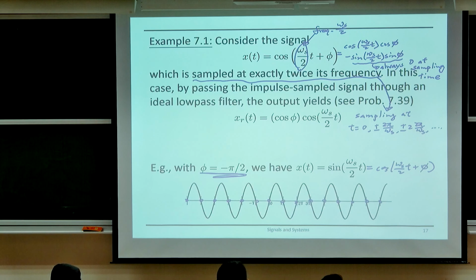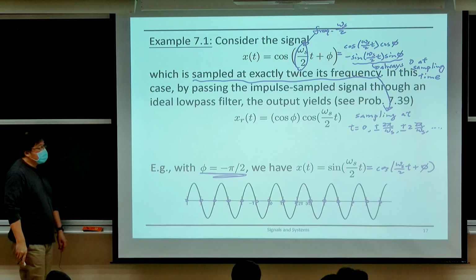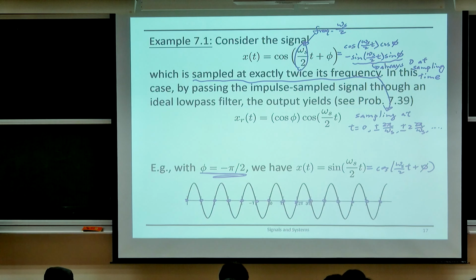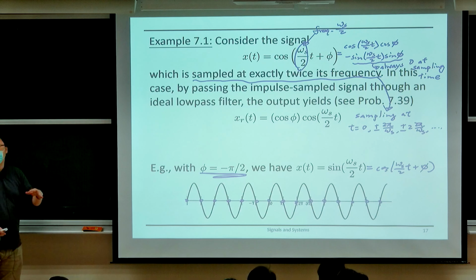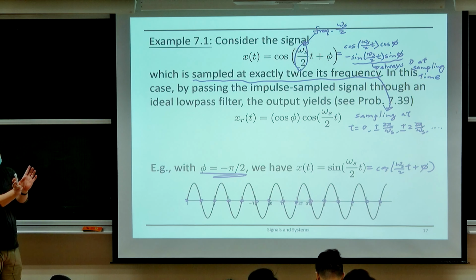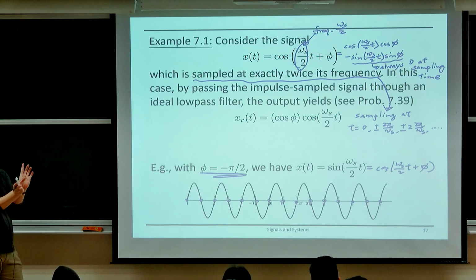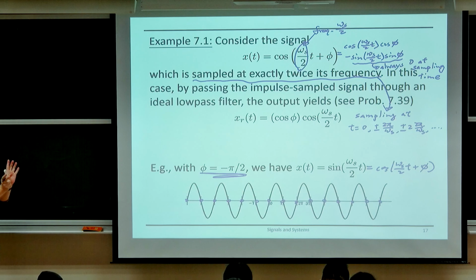So when you recover the signal, you'll probably just recover a straight 0 signal instead of a sinusoid. This is just an example to show you that sometimes when you're sampling at exactly twice the bandwidth, you may have some trouble when these boundary points overlap with each other.